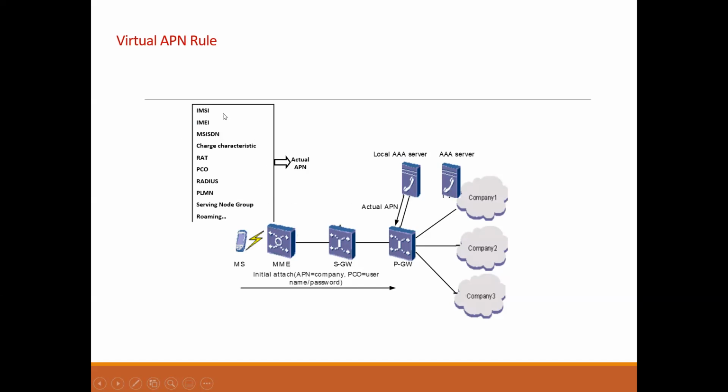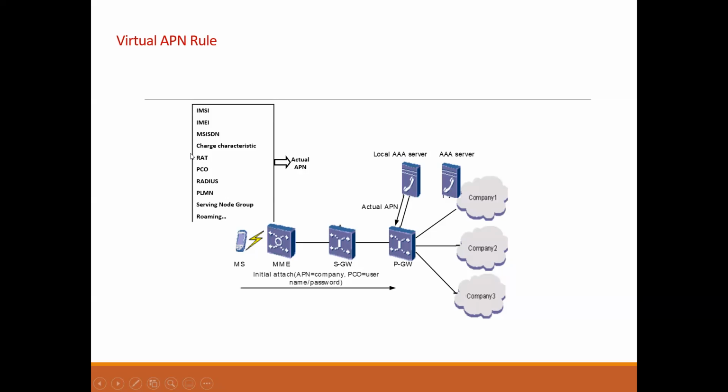You have the option of mapping your virtual APN to an actual APN based on any of these fields. For example, you can specify that IMSI 1 to 10 should go to APN 1, IMSI 11 to 20 should go to APN 2, something like that. Or you can map your virtual APN to the actual APN based on the RAT type as well.